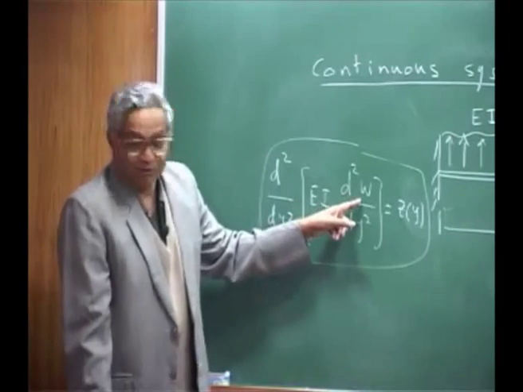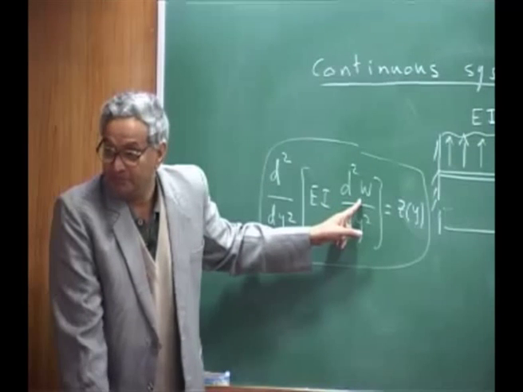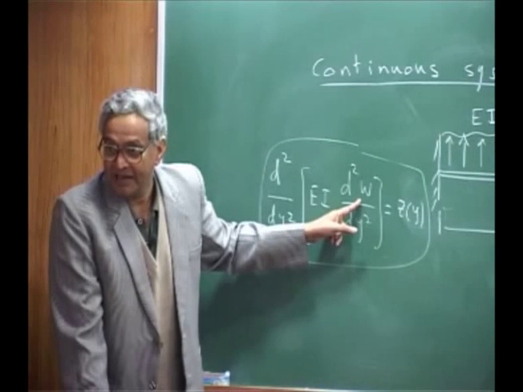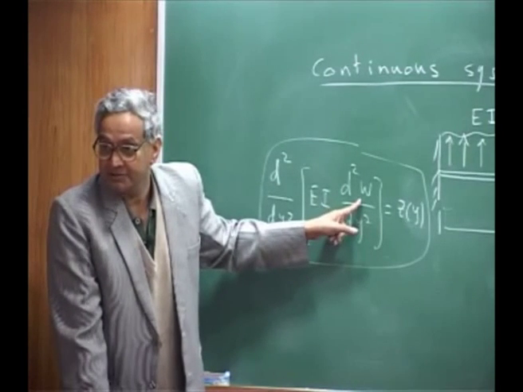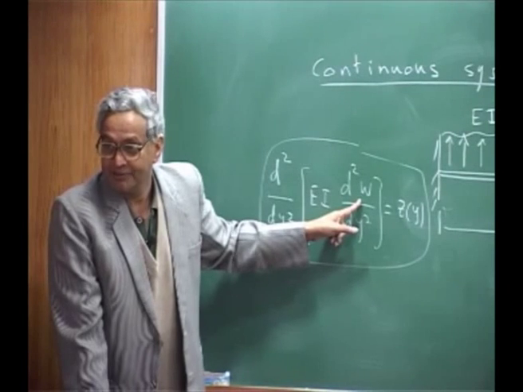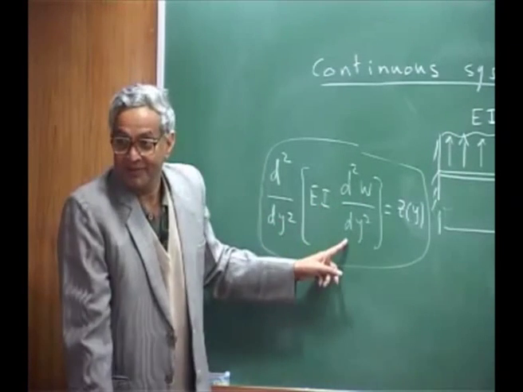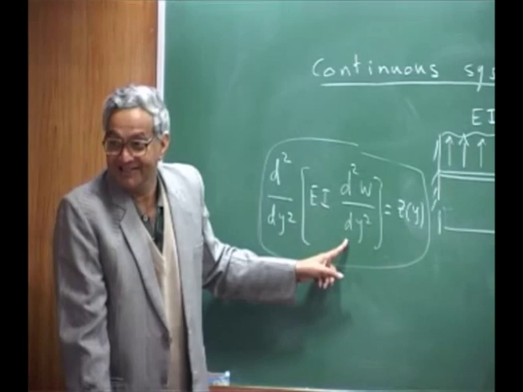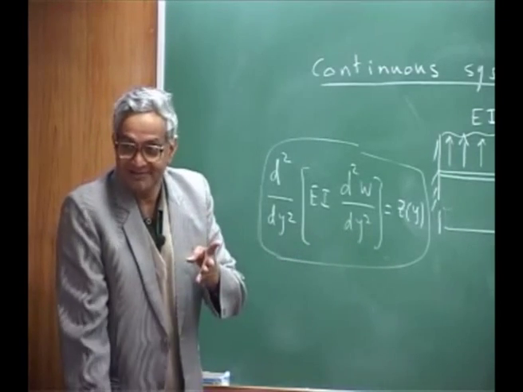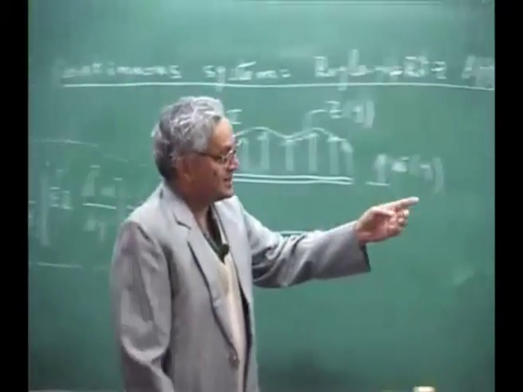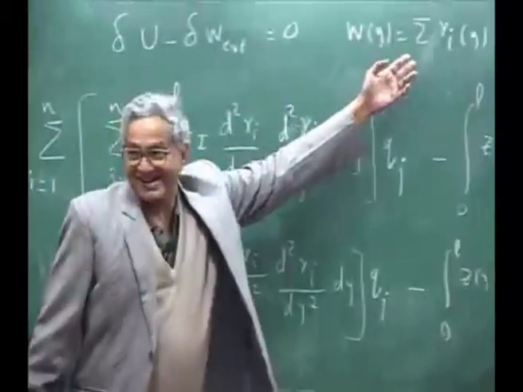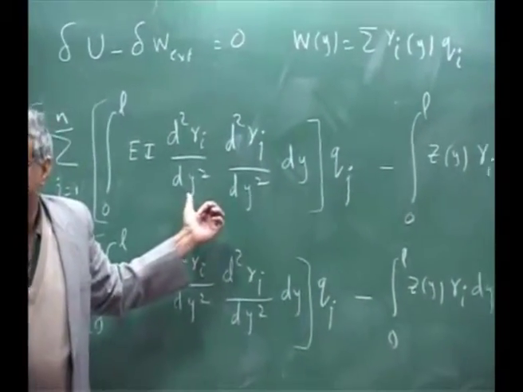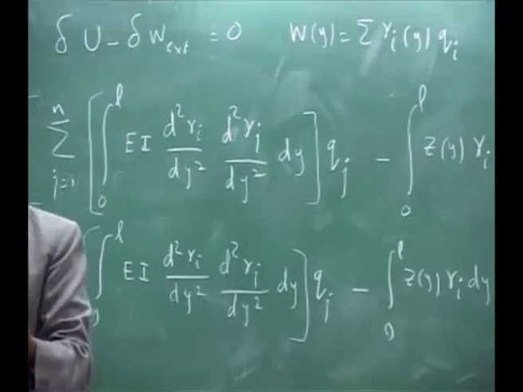And the function W, whatever you assume, has to be differentiable how many times? Here it is differentiable 4 times, whereas here only twice.